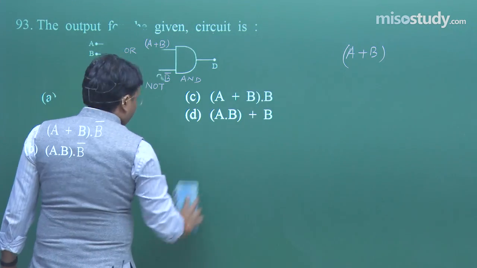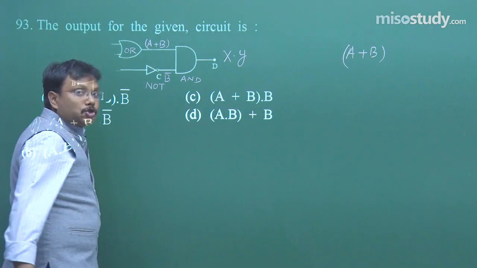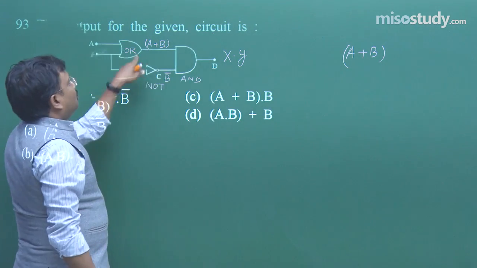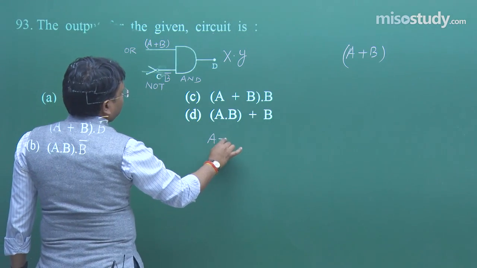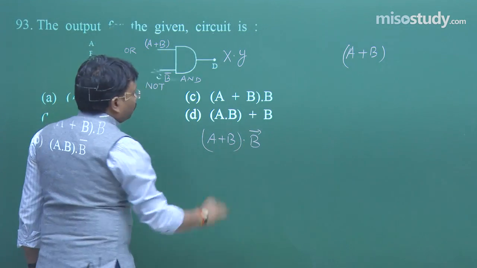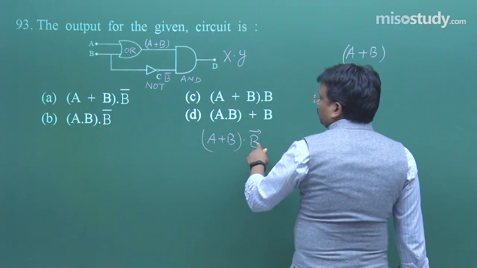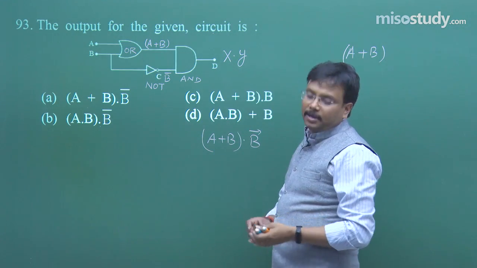For AND gate, X dot Y is true. So X is this, Y is this, and the result you will get, now compare it. Simple logic based question, simple Boolean expression.